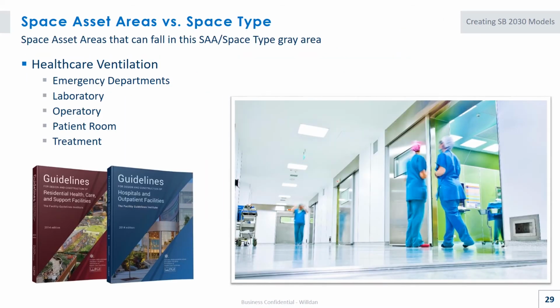Most of them are applied very, very broadly, but there are some that get very specific. Patient rooms, operatory, emergency rooms. Some of the other ones that are set by the AIA healthcare ventilation requirements have their own. So there's a list of them, and you can pick the thing that matches the most closely.